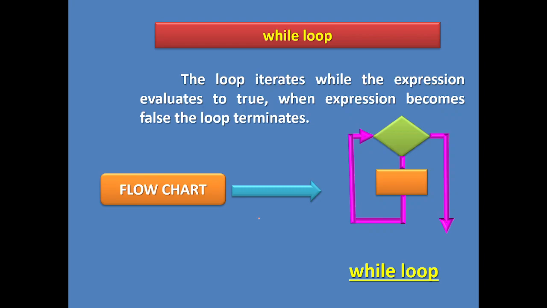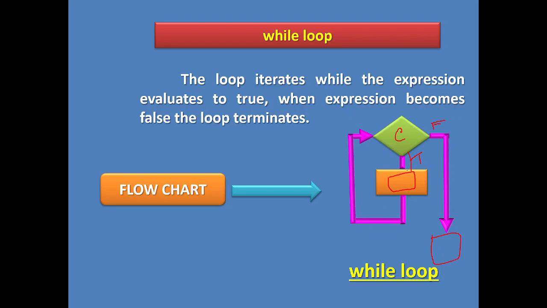The loop will iterate while the expression evaluates to true. Suppose this is the condition I have in this diamond shape. If the condition is true, this code block will run, and if the condition is false, then it will come out of the loop. This is outside of the while loop, right?